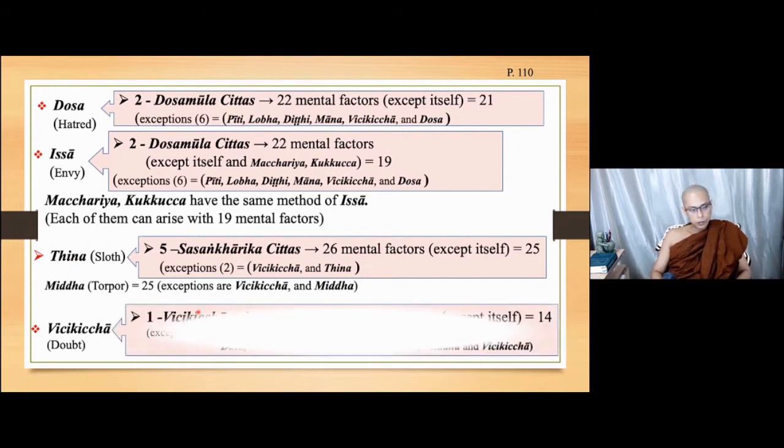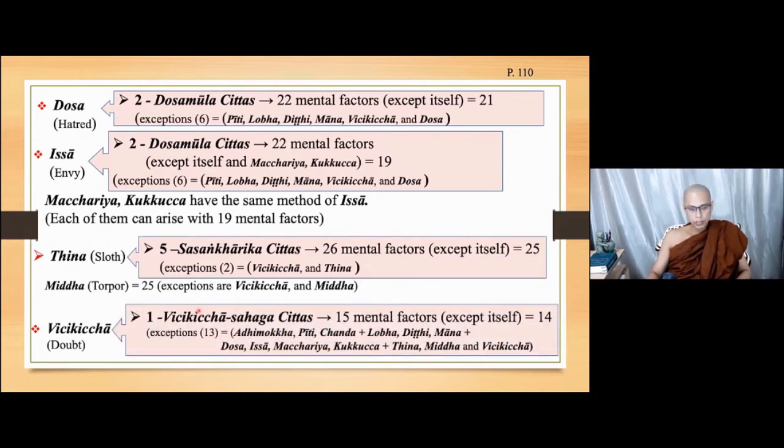Then Vichikicha arises with only Vichikicha Sahagata, one of the delusion-rooted consciousness, associated with 15 mental factors, if we take out its... Here Adhimokkha has a different nature from Vichikicha. And Pita, because Vichikicha is Upekkha Sahagata; Chanda, because Vichikicha is Mohamula.